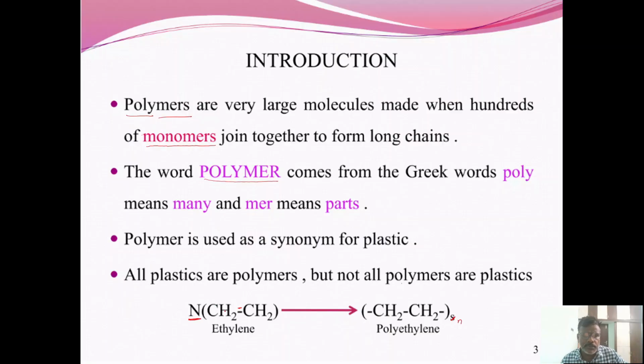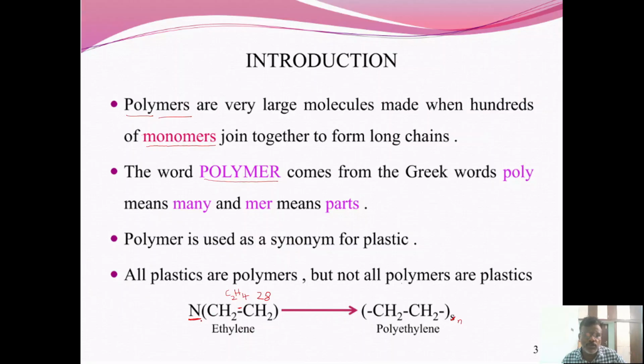Suppose we try to calculate the molecular weight of ethylene. There are two carbons and four hydrogens. So how do we write that molecular formula? Two carbons and four hydrogens, isn't it? For one carbon, the atomic weight is 12, so two carbons means 24 plus 4, 28. So the ethylene molecular weight is how much? It's 28.